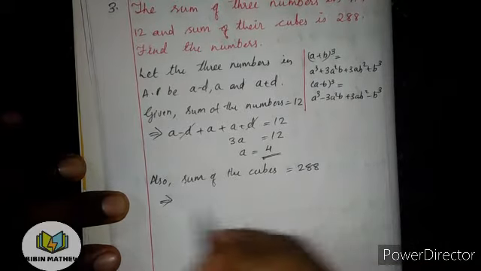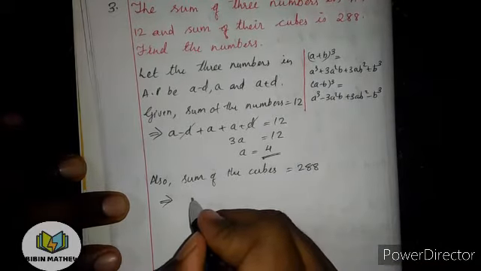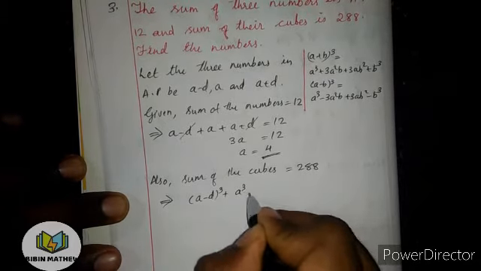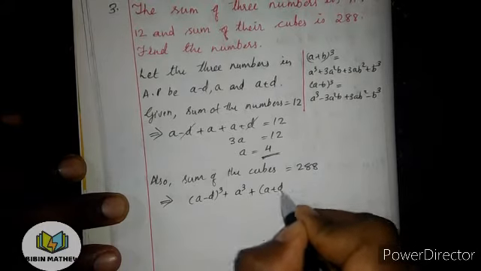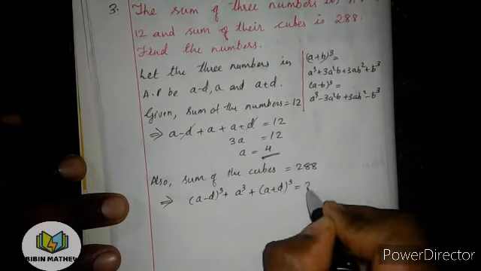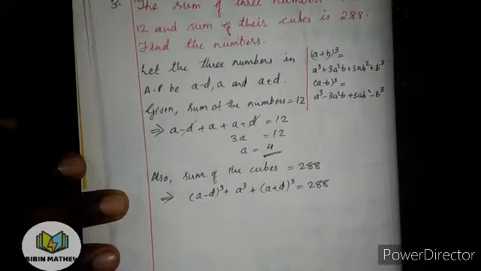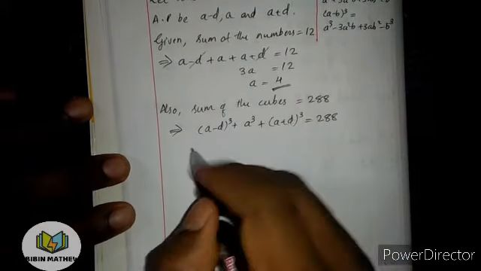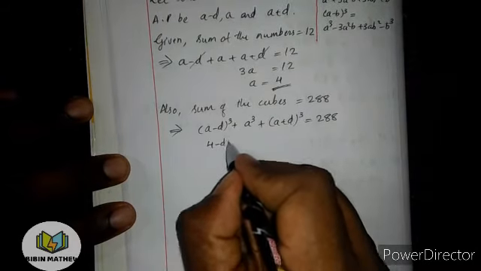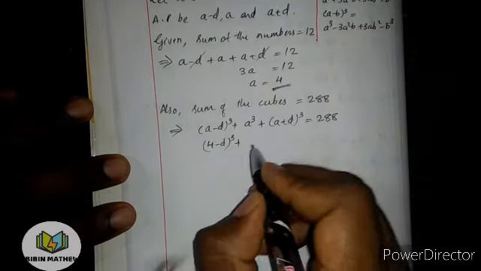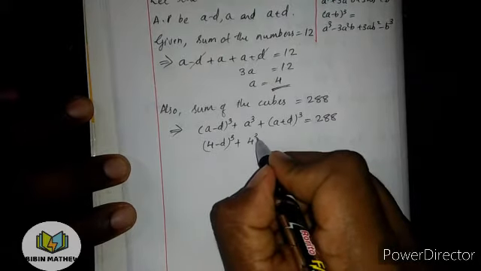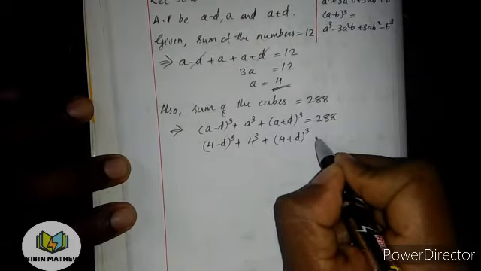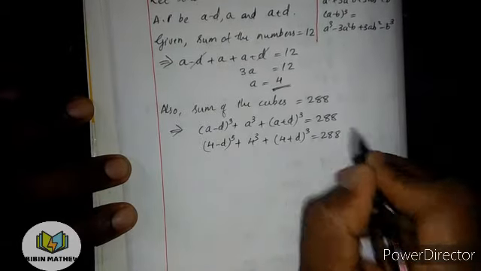That implies, what does this imply? a minus d the whole cube plus a cube plus a plus d the whole cube should be equal to 288. So I am going to substitute a with 4. Since a is 4, what will this become? 4 minus d the whole cube plus 4 cube plus 4 plus d the whole cube is equal to 288.